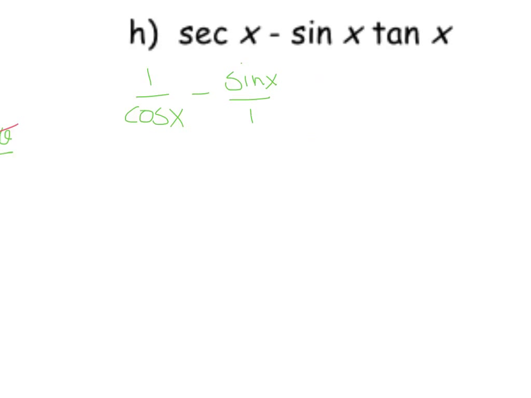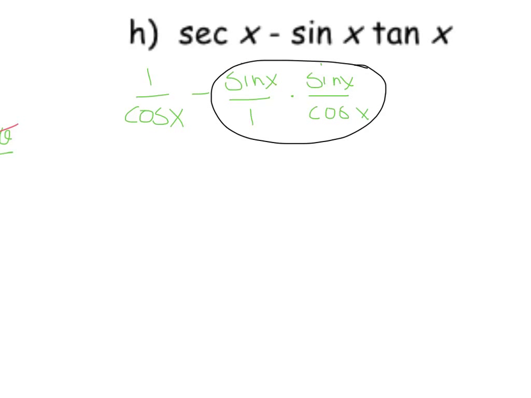I'm going to go ahead and write that as over 1. And then tangent is sine of x over cosine of x. Alright, so now I'm going to multiply those two fractions together, and I get 1 over cosine of x minus sine squared of x over cosine of x.